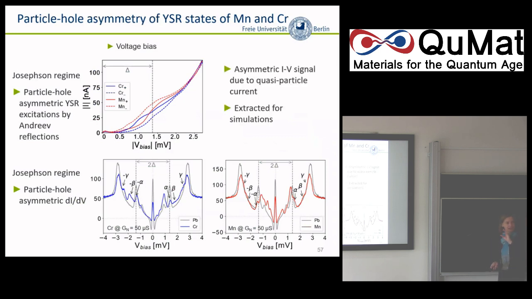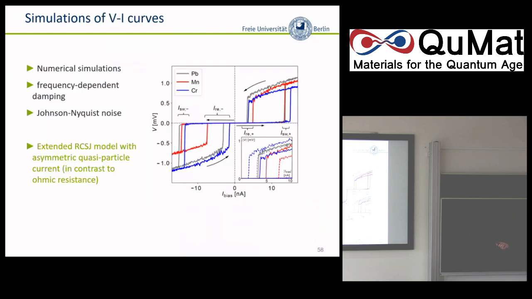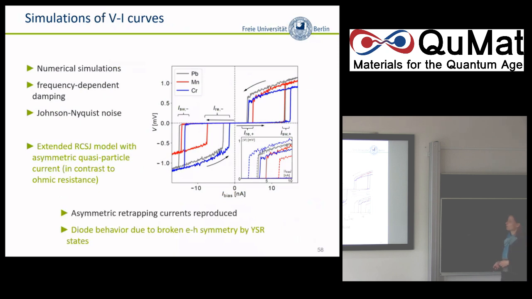So you take these curves and put them in, remember this RCSJ model where we have the ohmic resistance? It's not an ohmic resistance. It's a resistance which depends on the orientation of the current, and it's not ohmic at all. You just put this curve in the RCSJ model, solve your differential equation, and simulate what you get. And it's exactly what we see in experiment, the same asymmetry, and we can nicely mimic what we see.